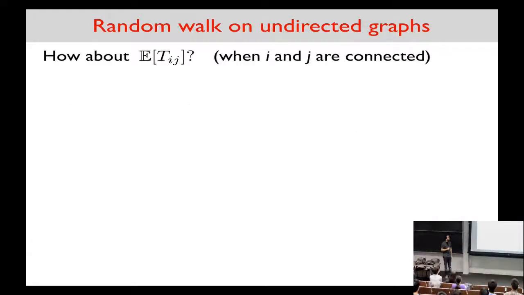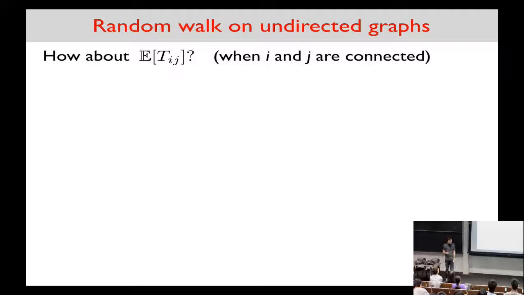Not i to i, but S to T. So how about the expected time for T_ij, where i and j are different and connected? If they're disconnected, then you'll never reach it anyway, so that's 0 and not interesting. But if they're connected, how much time does it take to go from i to j?